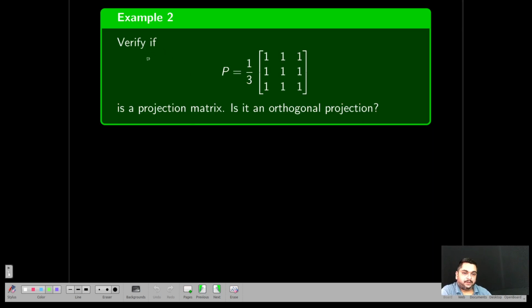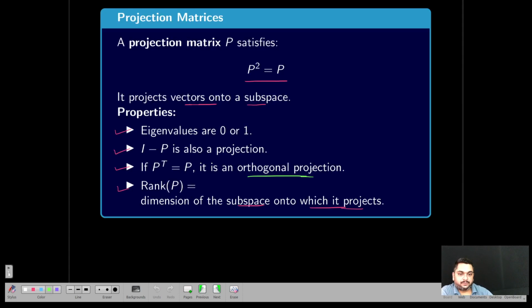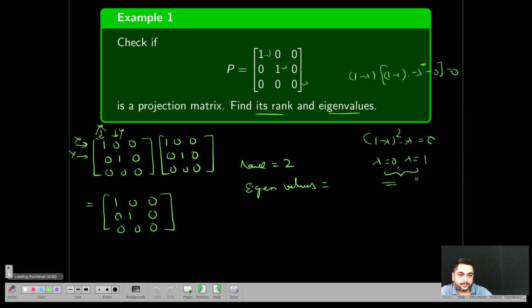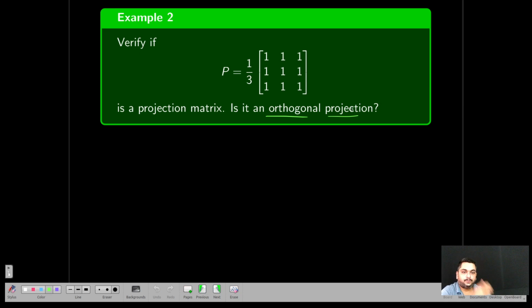Now verify if it is a projection matrix. Is it an orthogonal projection? What is the orthogonal projection definition? If it is orthogonal, then P transpose equals P. Okay, we've done it already previously. So P square is equal to, I will get P only. If I multiply this matrix and find P square, I will get P only.